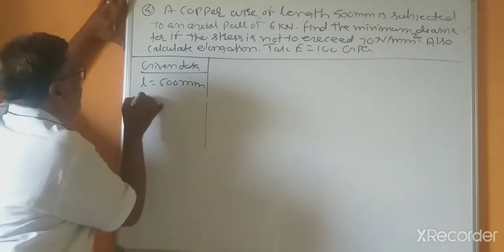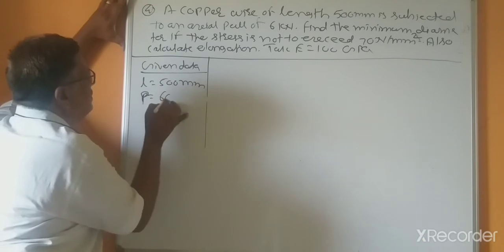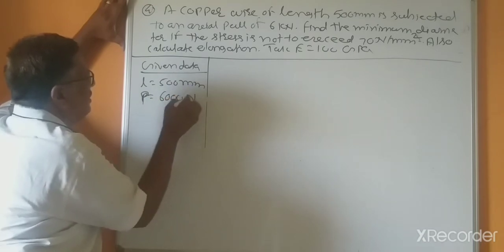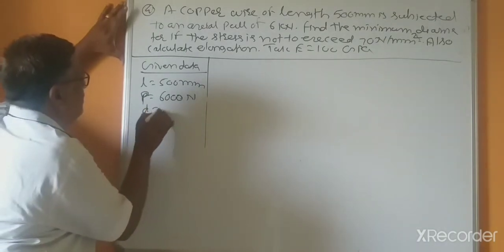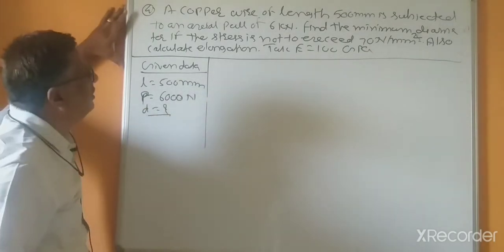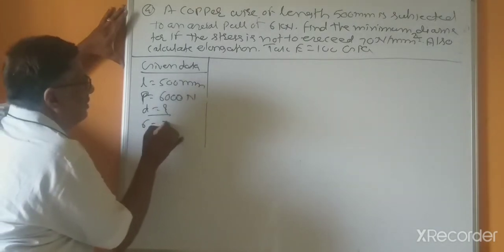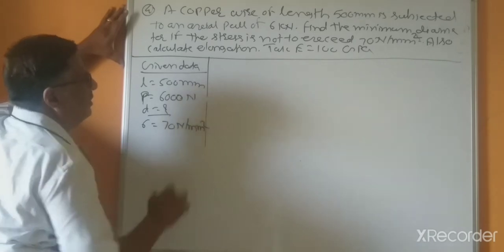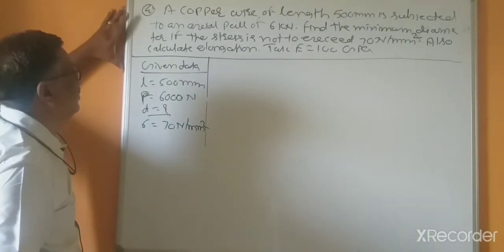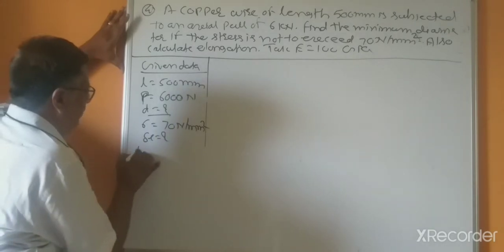Axial pull P equal to 6 kilonewtons, means this is 6000 Newton. Find the minimum diameter. D equal to what? Stress equal to 70 Newton per mm squared. Delta L equal to what?